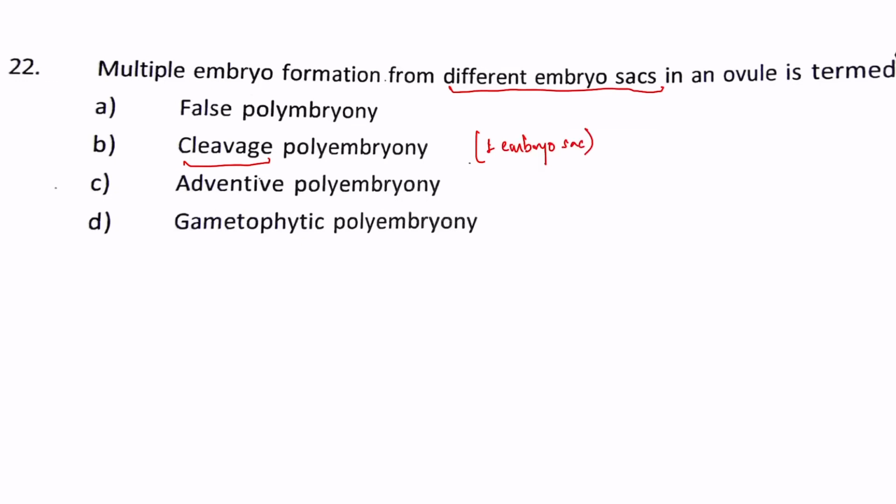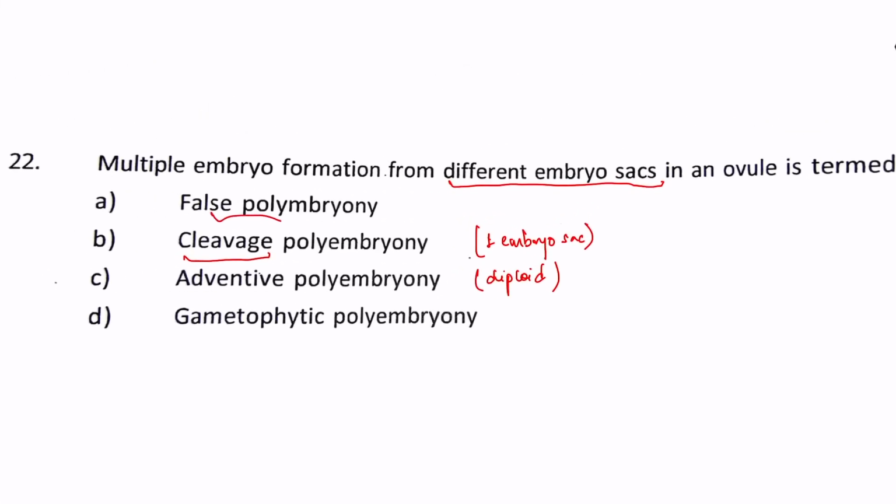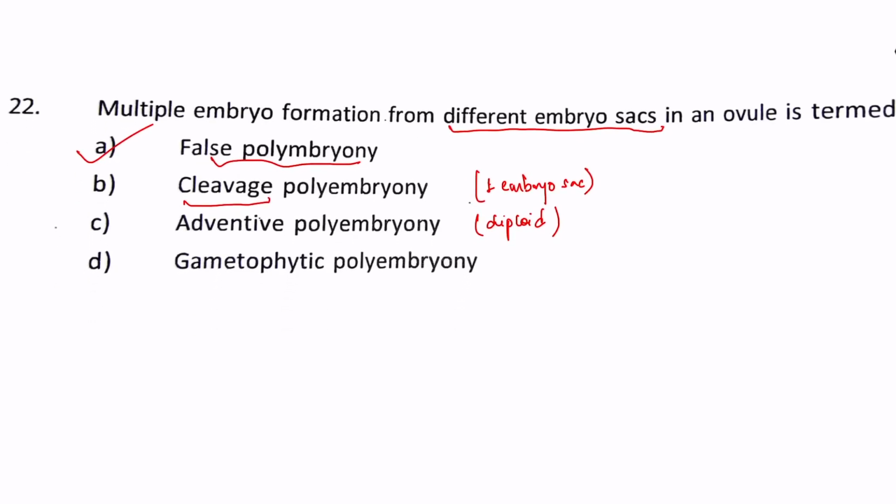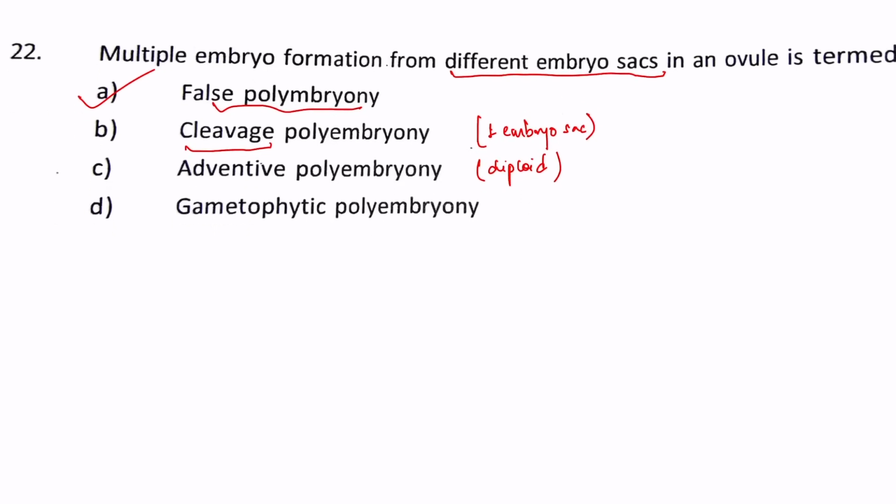And adventive polyembryony is where it is formed from different diploid cells, either the nucellus or the integument. From there the embryo sacs are formed. But false polyembryony means it is actually not polyembryony. Here many embryo sacs are present, and from there each embryo sac forms an embryo. So it looks like polyembryony, but it is not. That's why it is called false polyembryony. Our answer is number 1.